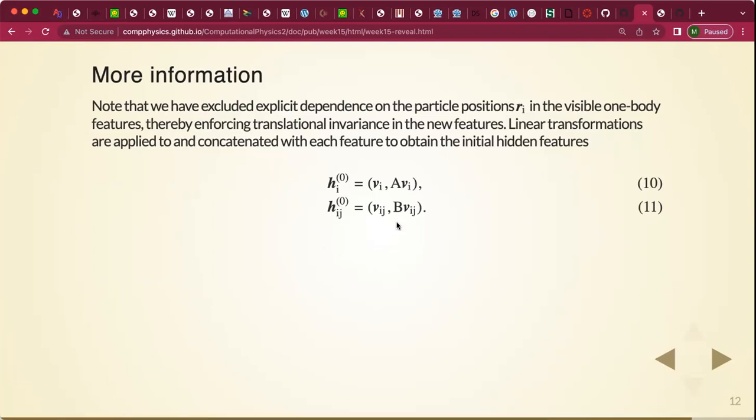And that means that we will typically have links between the first hidden layer and the visible layer, which will be given by these parameters A and B, which are respectively vectors and the matrices connecting the different nodes.